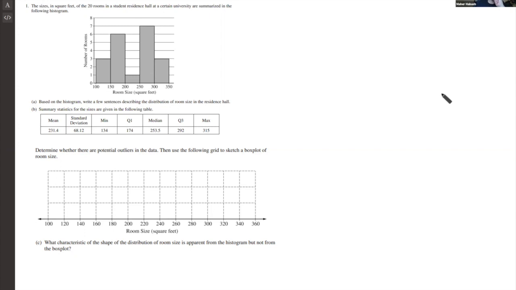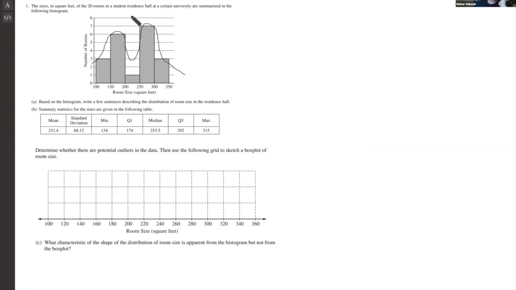What were some of the obvious things that we could see? Well, we got what's called a bimodal distribution. They want you to say that in some way, shape, or form: 2 peaks, 2 clusters. But you definitely have to mention that.